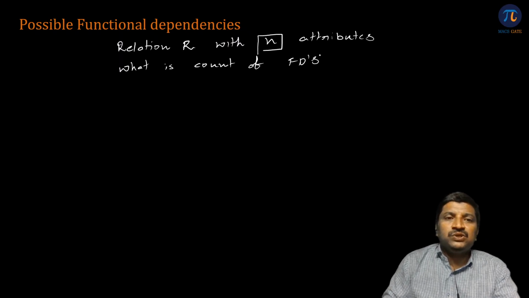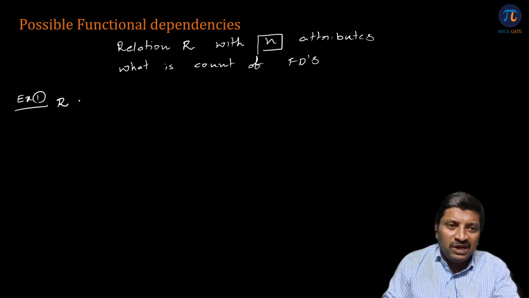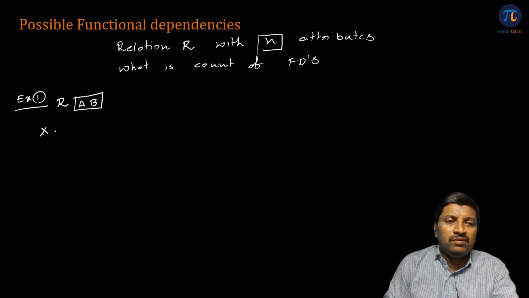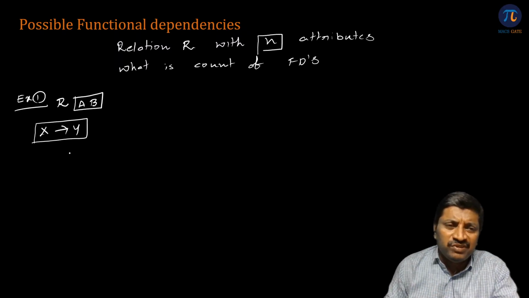So for this example, let us consider a simple example. Suppose I have a relation with only two attributes, right? Now I want to write a functional dependency X goes to Y. Now the question is, what is the condition on X comma Y, sir?